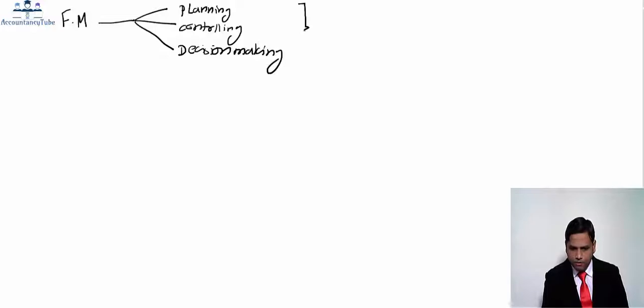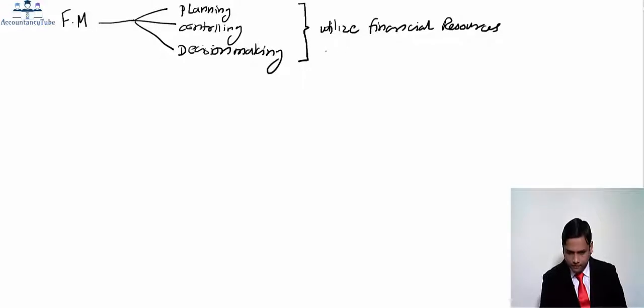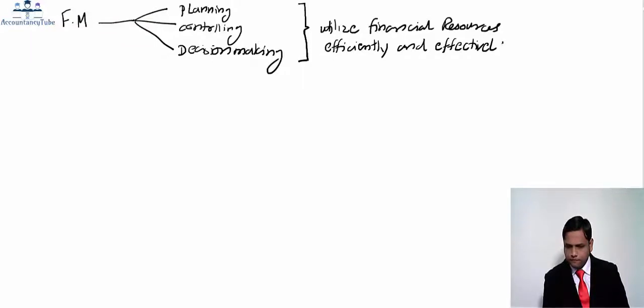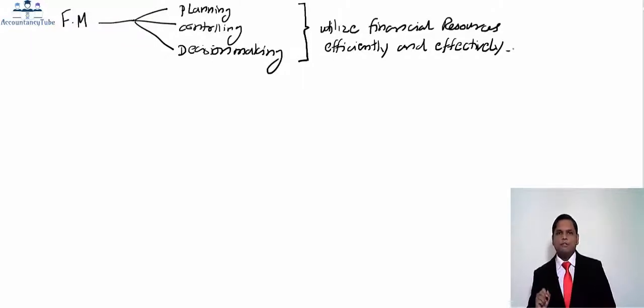And the reason why it is equipping us with these techniques is so that we may utilize financial resources efficiently and effectively. So that's what financial management is in terms of definition.